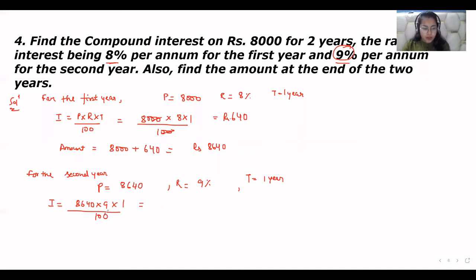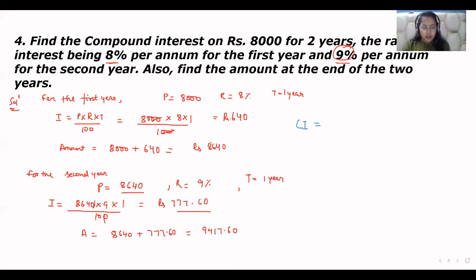After eliminating and multiplying, we get rupees 777.60. So what is our final amount? Final amount is principal plus interest. Our principal is 8,640 and our interest is 777.60. After adding, we get 9,417.60. So what is our compound interest?